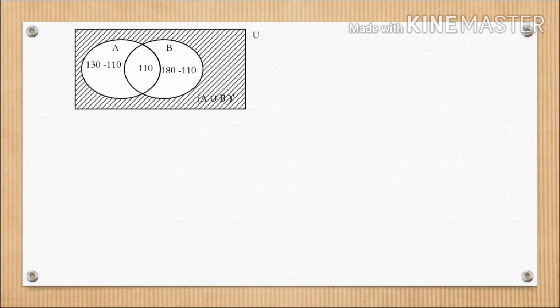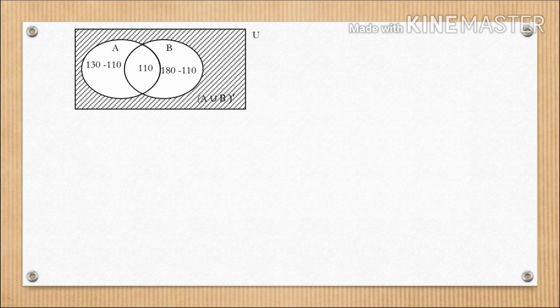This is the Venn diagram for the same. U is the universal set. Set A contains 130 students who like rock climbing, and we subtract 110 from them. So we get the students who have only rock climbing as a hobby.